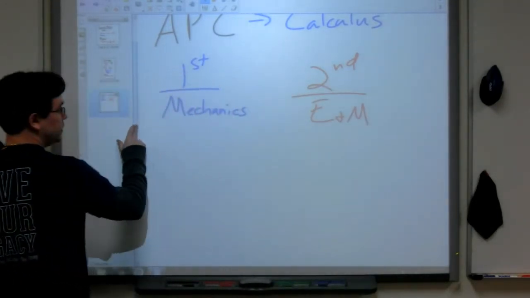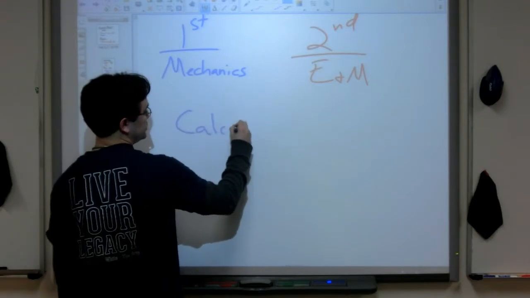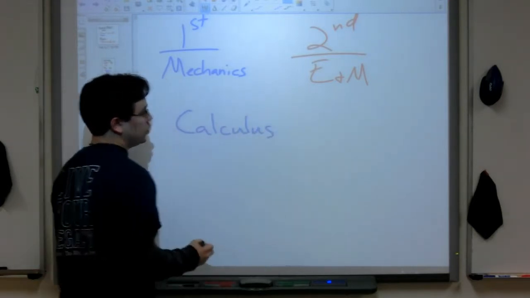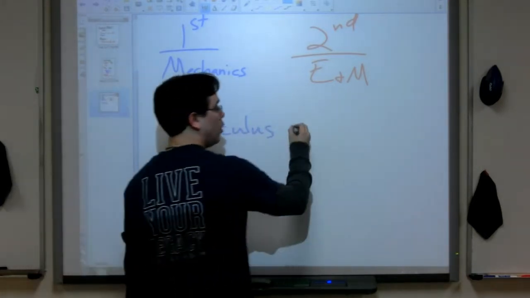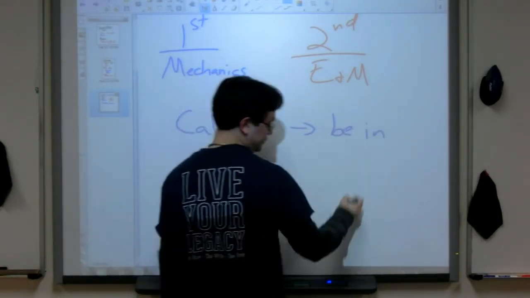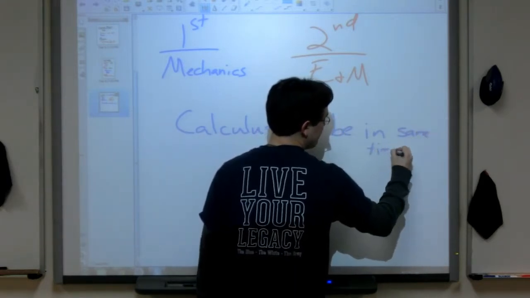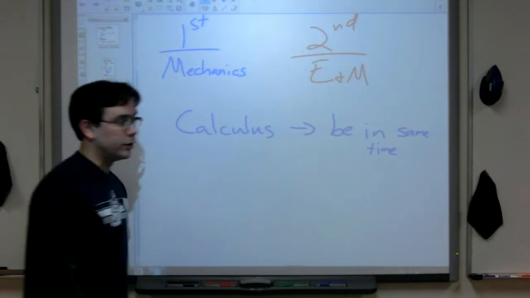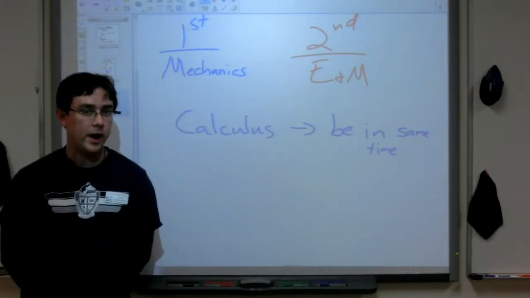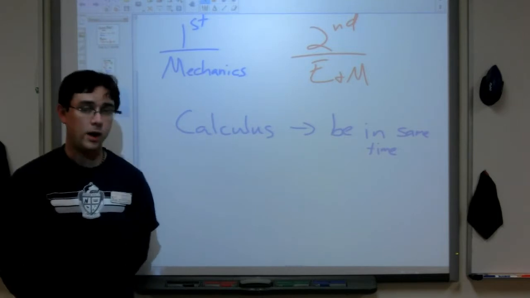For APC, you are definitely going to want calculus, as I mentioned before. You need to either have had it before or be in calculus at the same time. Now, the College Board for APC heavily recommends you take an introductory physics class before APC.